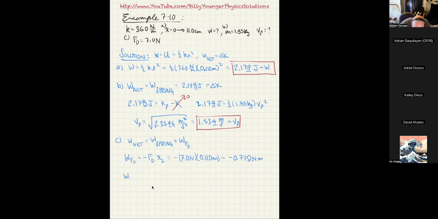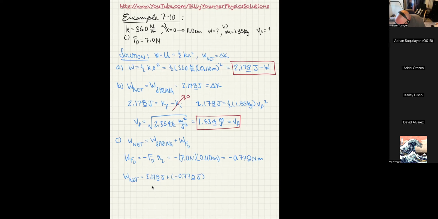So I can say work net is equal to the work done by the spring, which we found was 2.178 joules, plus negative 0.770 joules. Remember, I wrote it as newton meter over there, but we know that a newton meter is a joule.